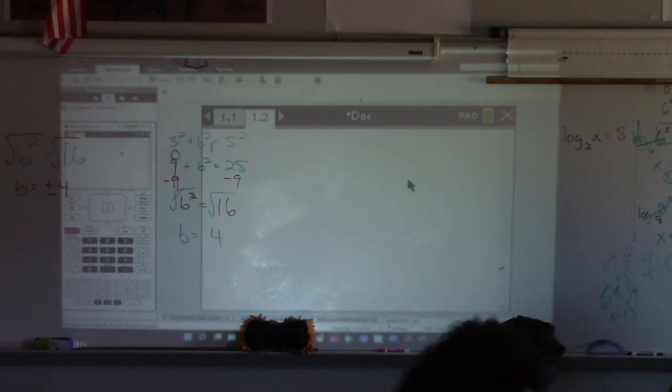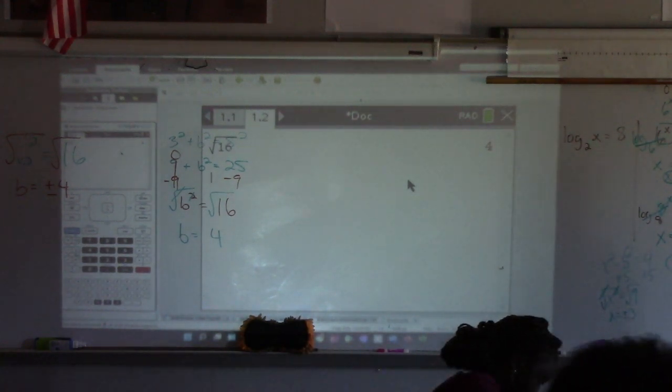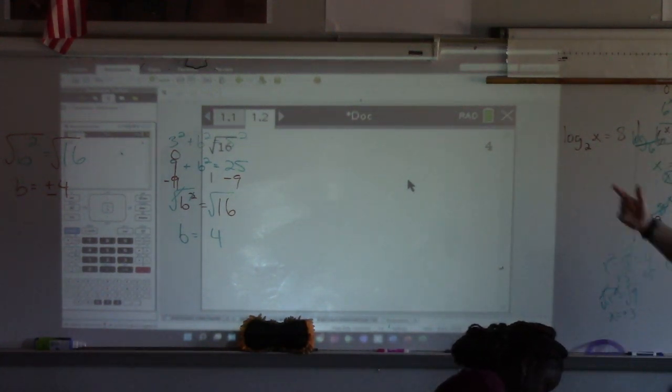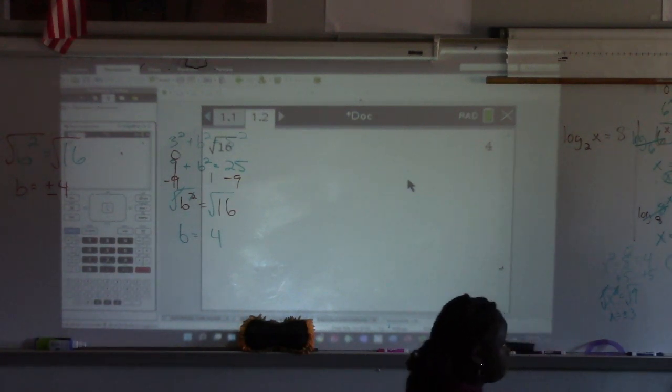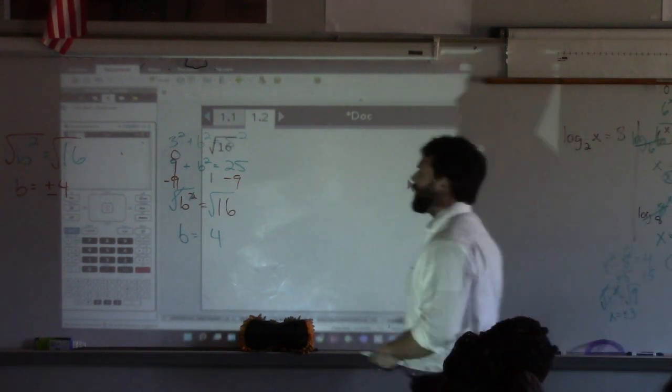So Control square root of 16. Okay. Y'all, listen. The calculator is only going to tell you 4 because of how we define what a square root is in a calculator.